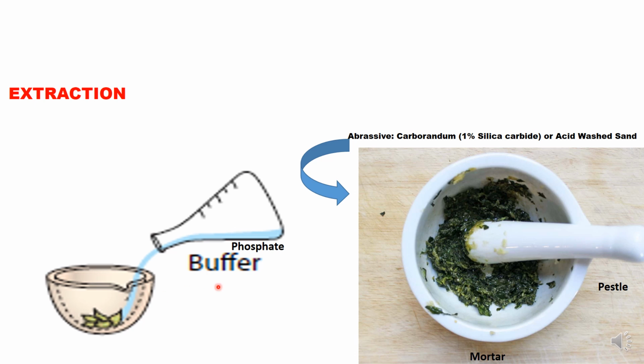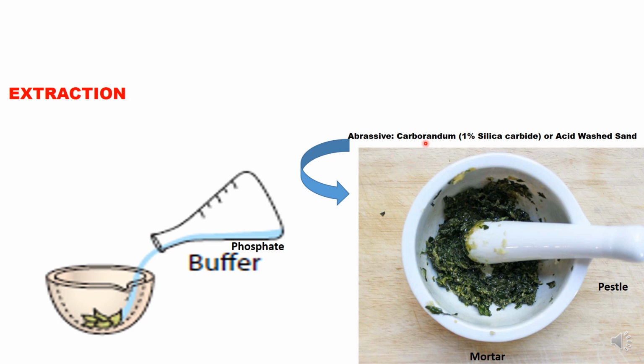So in order to stabilize it, it is always recommended to add a buffer, and usually phosphate buffer is added to make the pH favorable for the virus. Not only is the buffer added, but also abrasive materials such as carborundum, 1% silica carbide, or acid-washed sand are added in order to create the wounds.